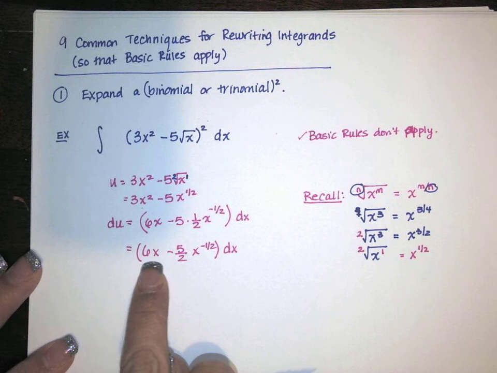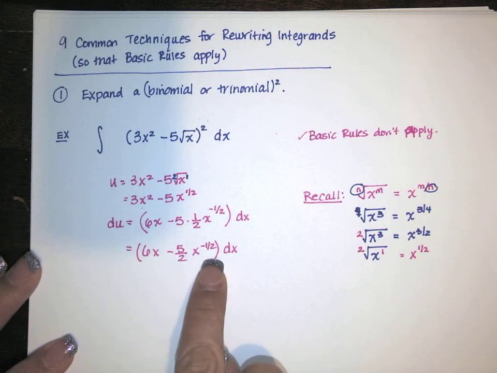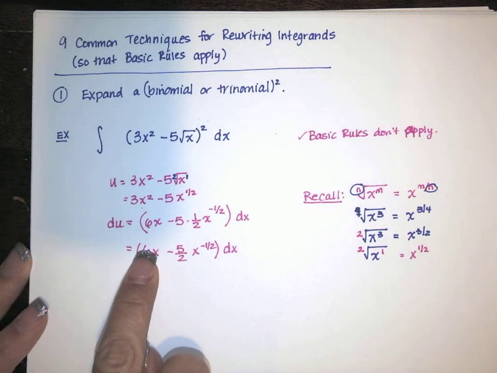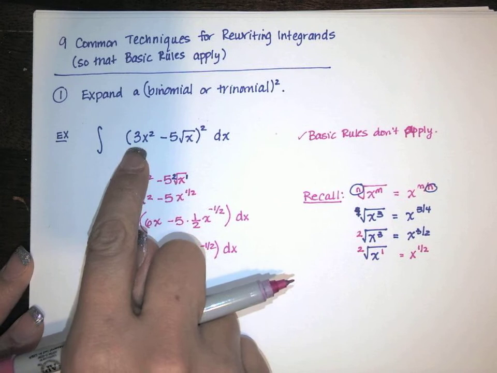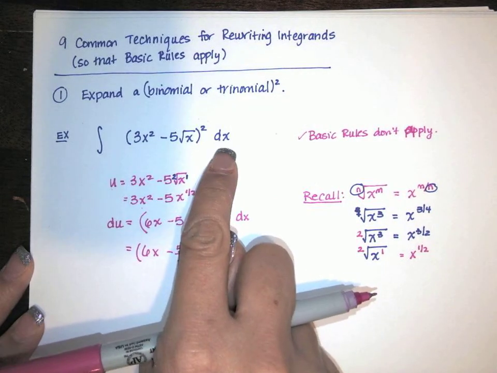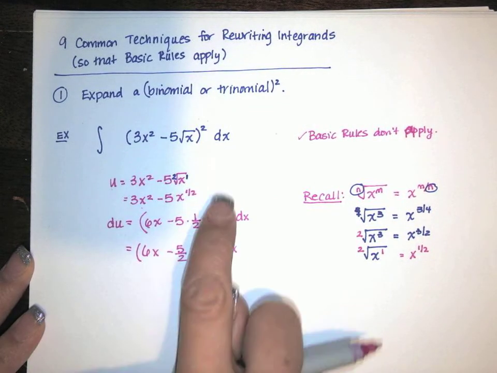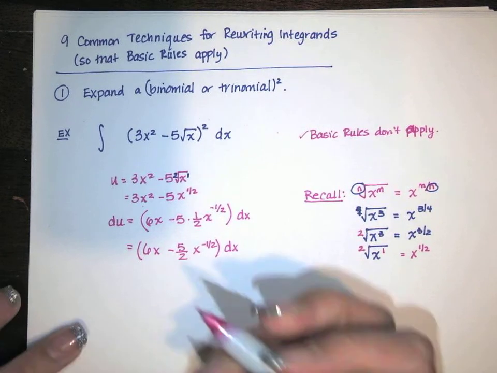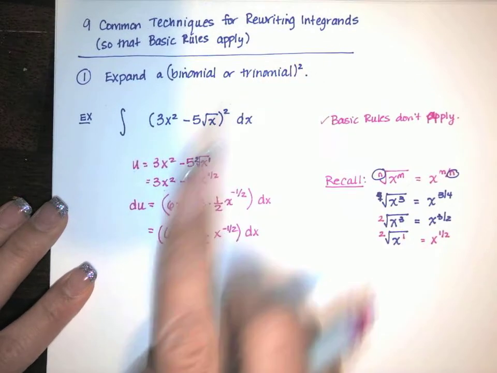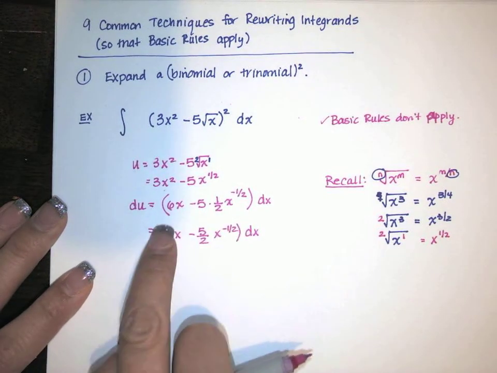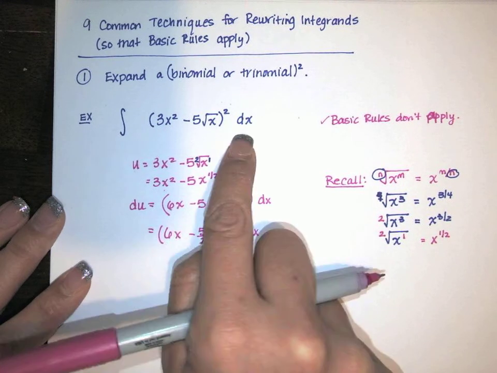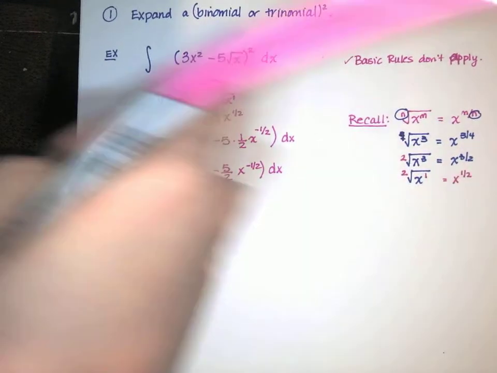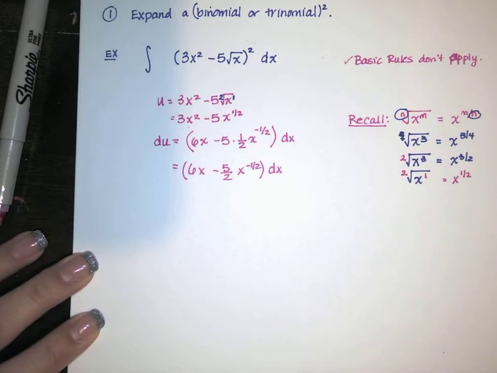We don't have a 6x minus 2.5 times x to the negative 1/2, so the u-sub isn't going to work. Don't think of this as u squared du, because it's not. That is not du. dx is actually that all divided by that, and that's not going to work. So u-sub fails. U-sub fails because I don't have a constant times this as part of my integrand. So I'm going to have to do something else.